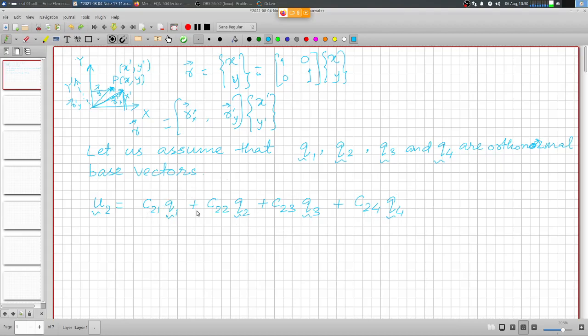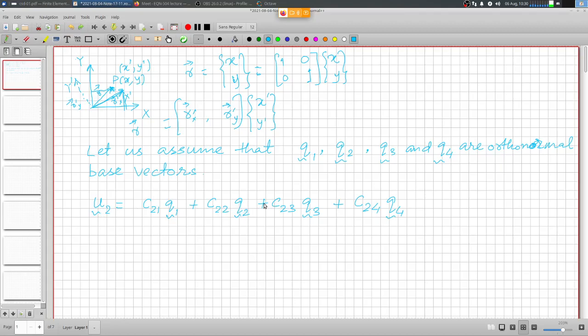And c21, c22, c23, c24 are the coordinates with respect to these bases. So if u2 is a vector, then c21 measures to what extent q1 participates in making up u2, or in other words, c21 is the projection of u2 along q1. c22 is the projection of u2 along q2.